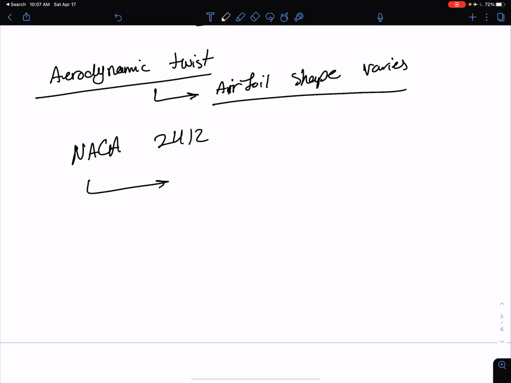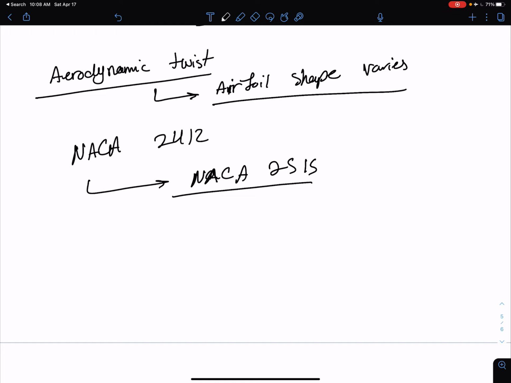At your tip you can have a different NACA, let's say NACA 2515, just a random number, right? So you can have different NACAs, different airfoils at the tip and the root. That will also change the flow pattern of the wing.